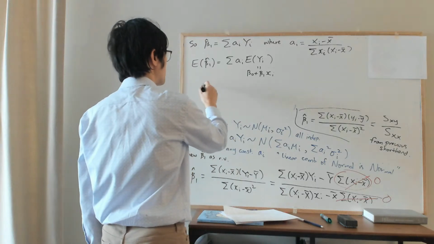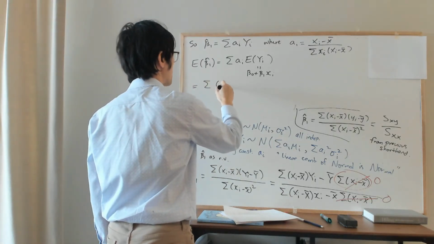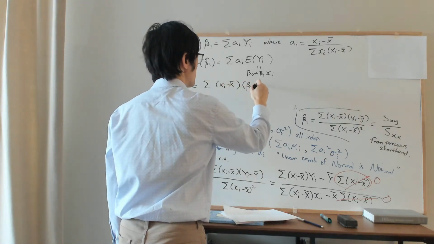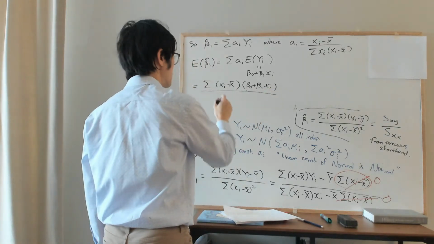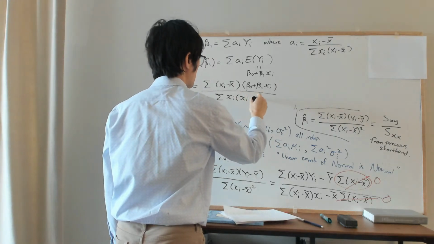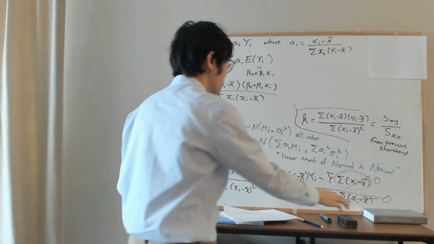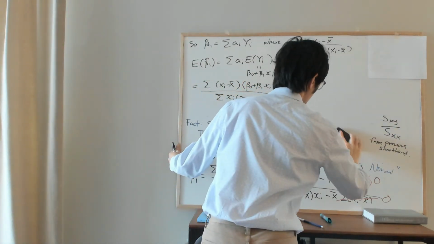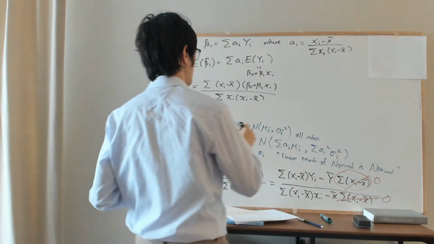Okay, so let's do that over here. So we have the summation of xi minus x bar times beta 0 plus beta 1 xi, and then the denominator is the summation of xi times xi minus x bar. Okay, so this is what we need to simplify. Again, we're going to use properties of summations to help us work through this.